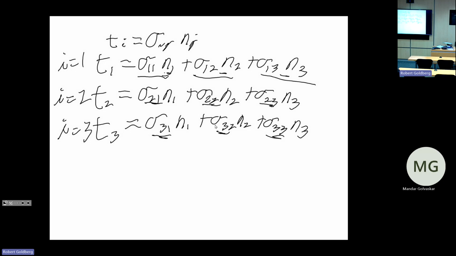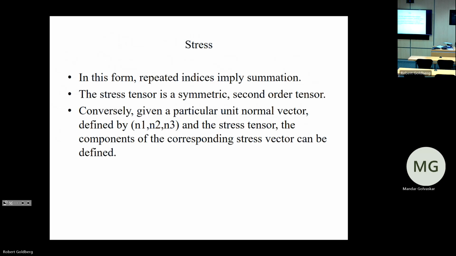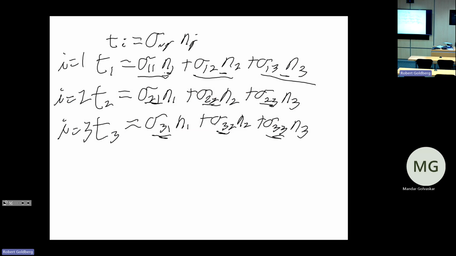So these are all ways to formally relate the stress tensor to the stress vector, which is effectively the force. So this is how we relate our forces to our stresses. And in this form, as we talked about, repeated indices imply summation. And the stress tensor, you can prove with strain energy that it is a symmetric second order tensor.